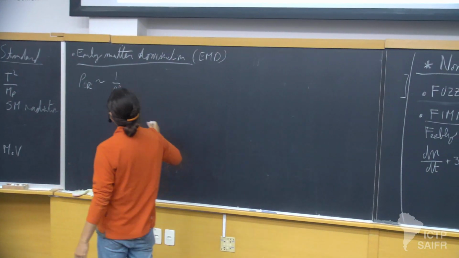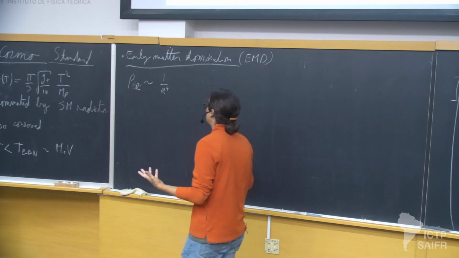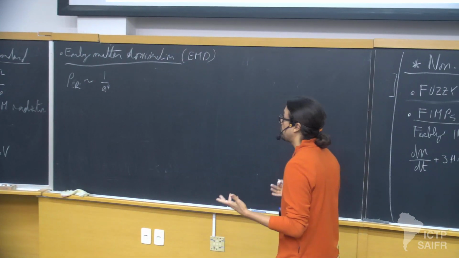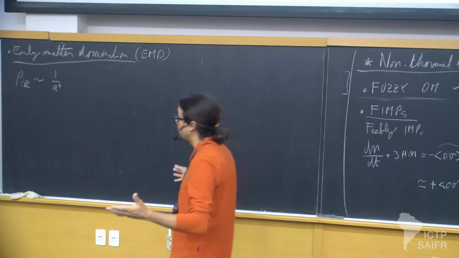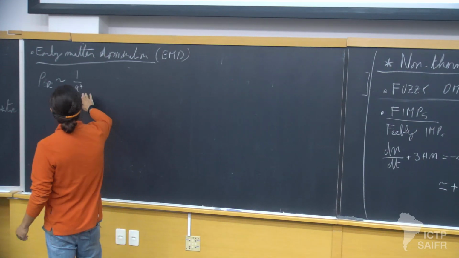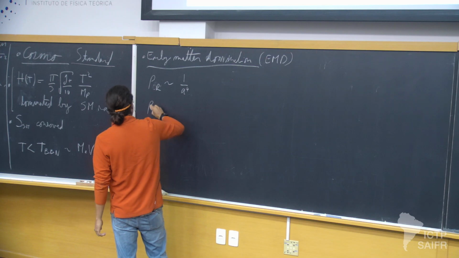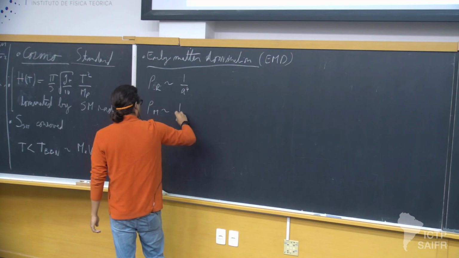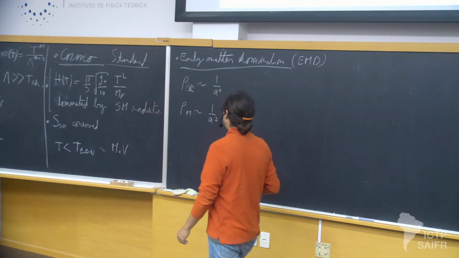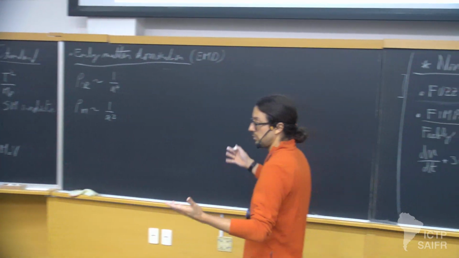It scales like 1 over scale factor cubed because of the volume, but it also redshifts, so it's a to the power 4. However, matter goes only like a cubed. It's matter, it doesn't redshift, it's just expansion.